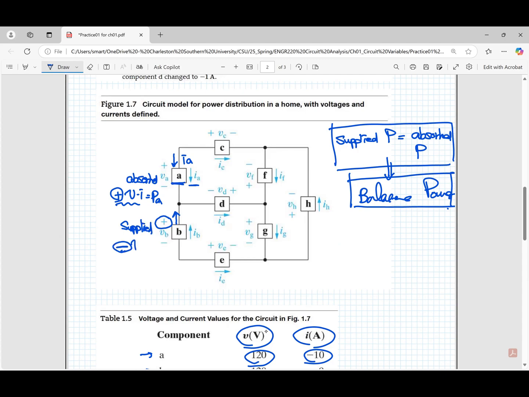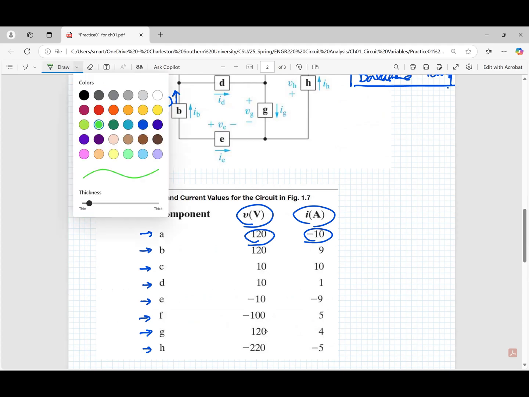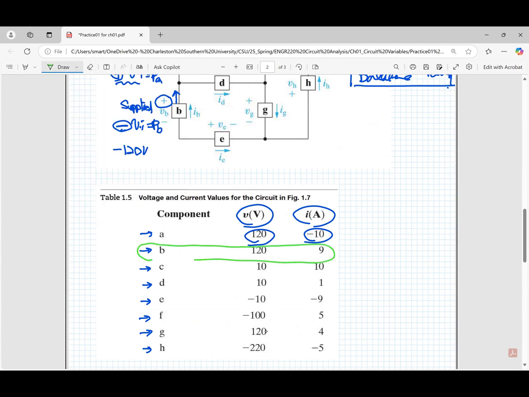Supply is minus V I. So that was the P sub B. What is the V? Minus 100 volts, right there. And then I is 9 amps. Minus 1080 watts. Here we go.